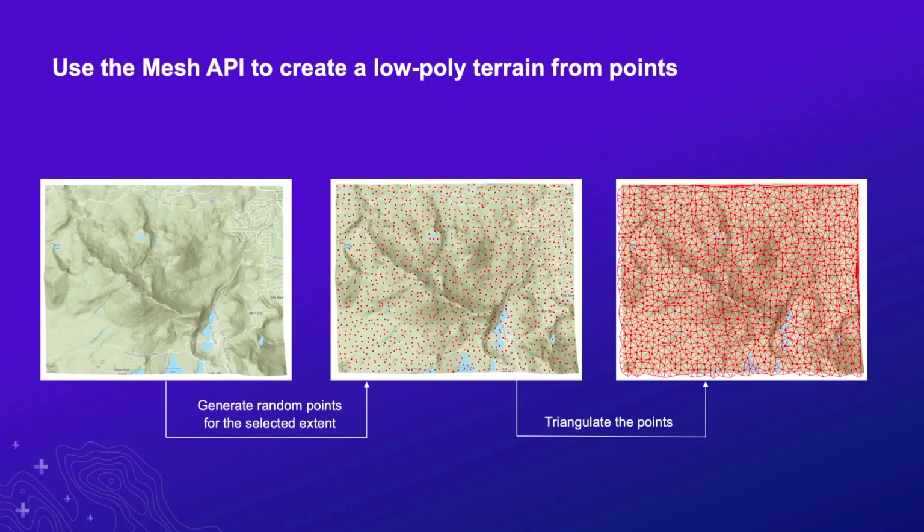First of all, how to create such a low poly terrain. Basically, I started with an extent. This is the extent of the Mammoth ski area, and then I'm generating random points for the selected extent. Next, I triangulate the points, and for that I'm using a library called Delaunator from Mapbox, which triangulates in 2D, so my points are now 2D.